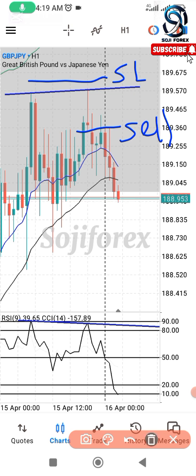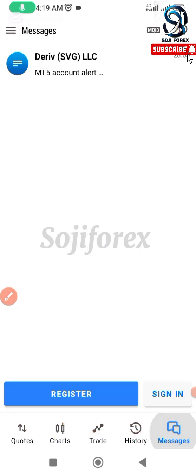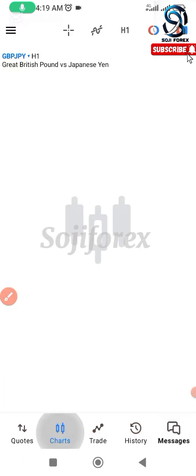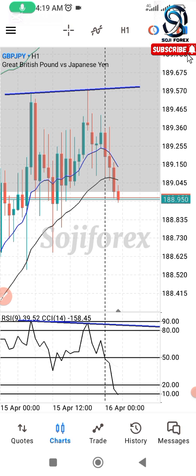But if you are not an aggressive trader and you are very conservative when it comes to making entry, all you need to do is be patient and wait for price to close below the blue moving average.